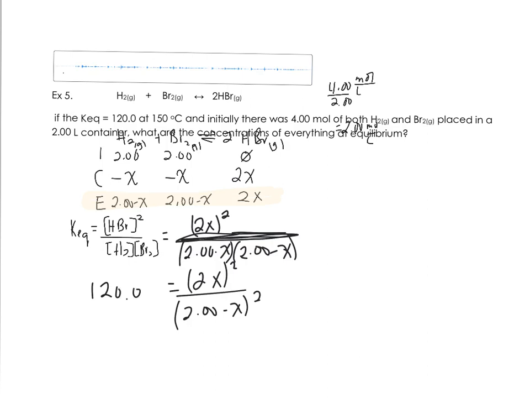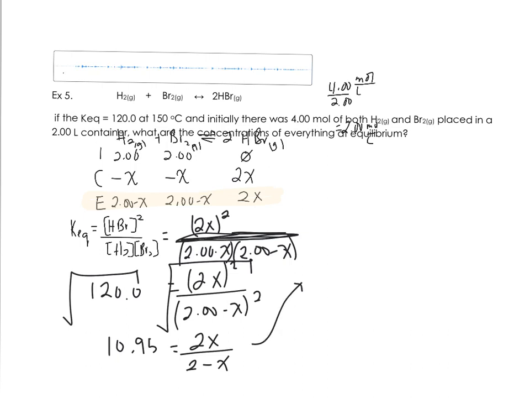Okay, so let's simplify this. If I take the square root of both sides, I end up with 2x over 2 minus x, and that's equal to the square root of 120, which is 10.95.